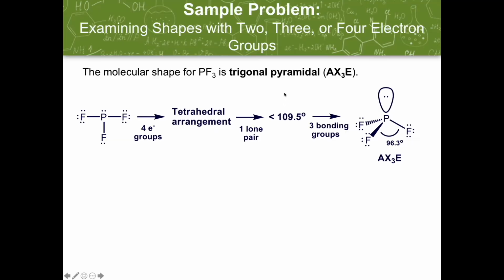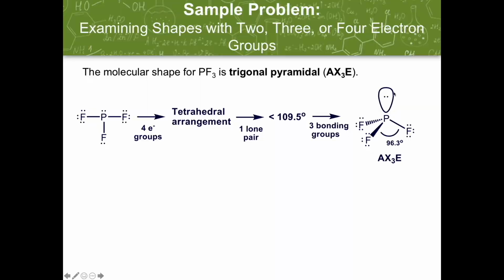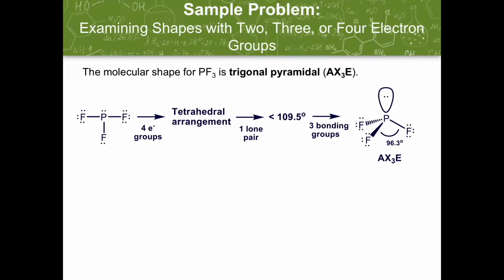Okay, so the trigonal pyramidal, you have 3 bonded atoms on the central atom and then 1 lone pair, and approximately the bond angle would be less than 109.5. Again, you have to check your book as a reference for these bond angles. And then if we go back to our general formula, we have here AX3, since you have 3 bonding atoms here, and then you have E, 1 lone pair of electrons on the central atom.